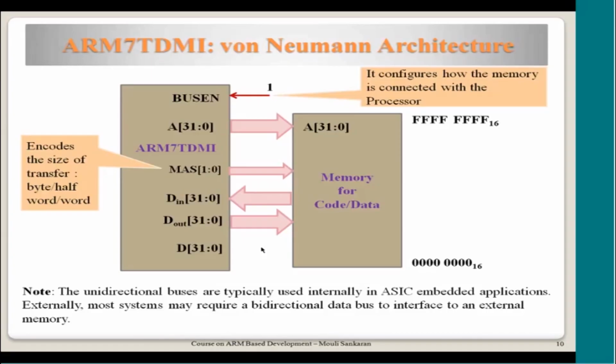So only one of them can be used at a time, and it is the system designer's choice whether to drive this pin as 0 or 1 and then use the appropriate data buses for interfacing with the memory. This kind of flexibility is given because the ARM core is given as an IP, and it can be integrated with any other processor to build an SoC.